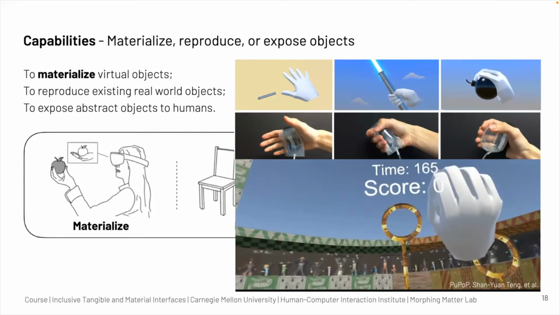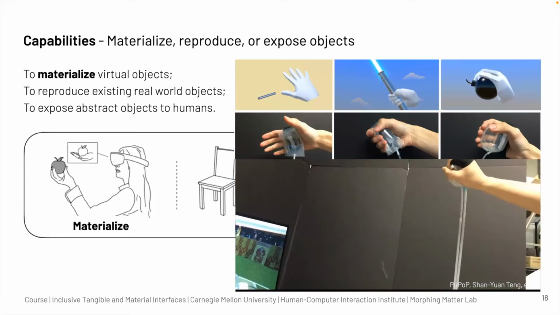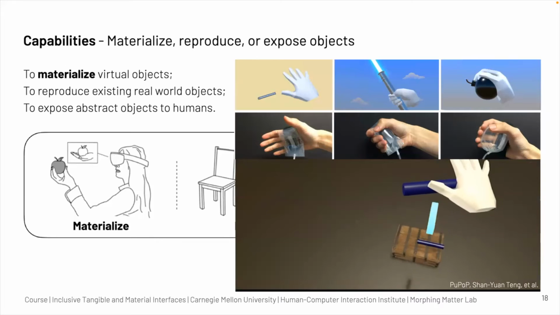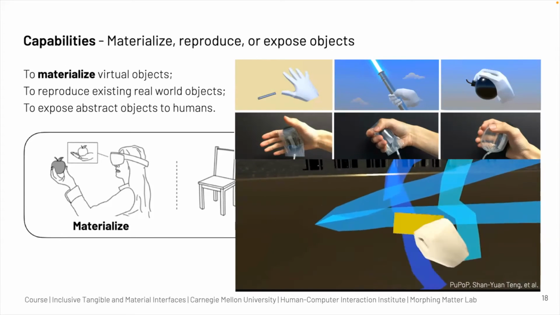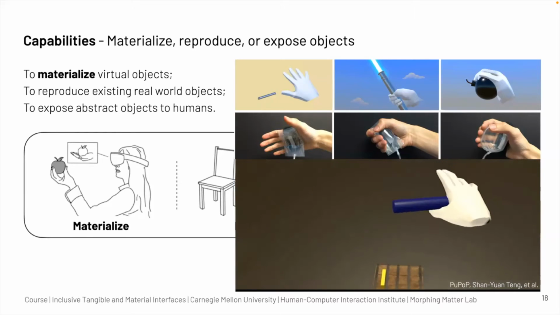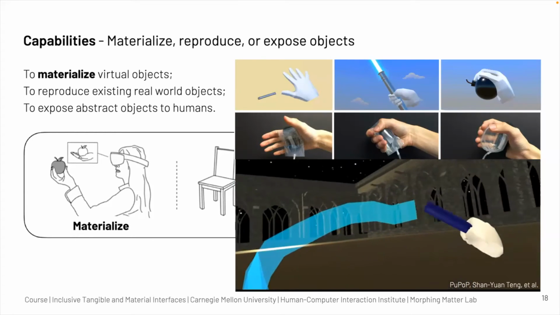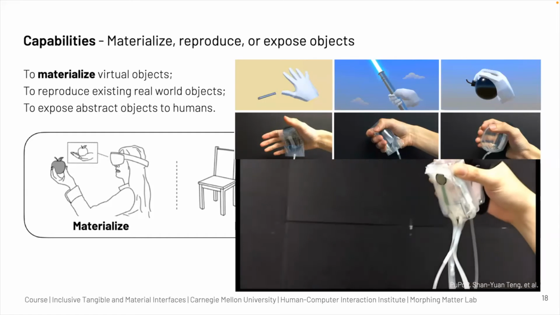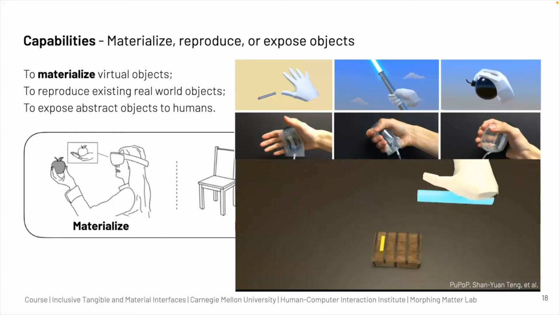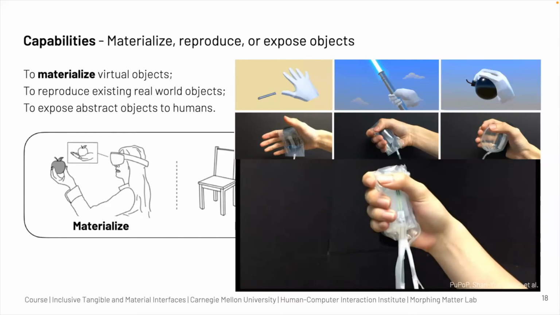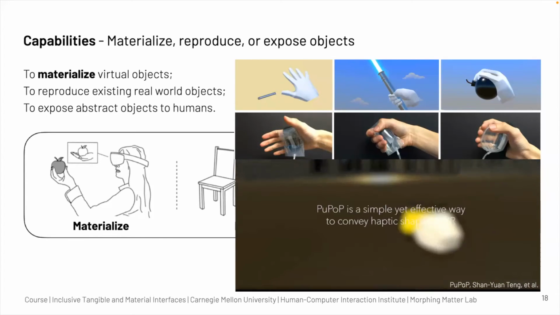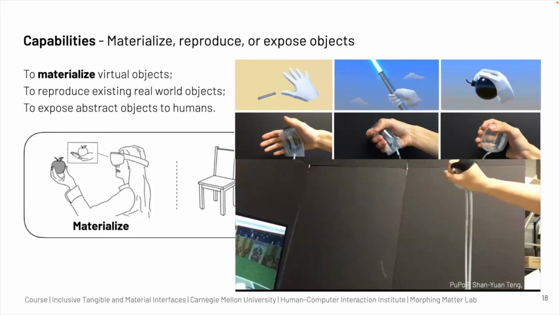In this example, when the user encounters a virtual object, an airbag with an unbroken shape will inflate and be ready for its rest. And when the object is no longer in play, the airbag will just deflate and disappear. So in this way, it will make the virtual object feel even more real to the users, and it will be easier for the users to operate such a virtual object.